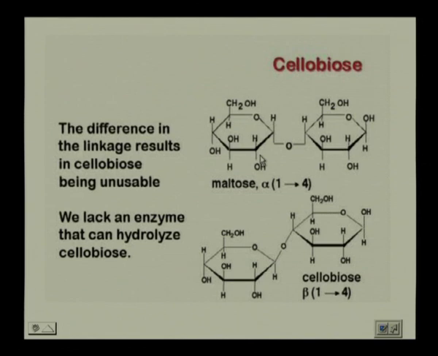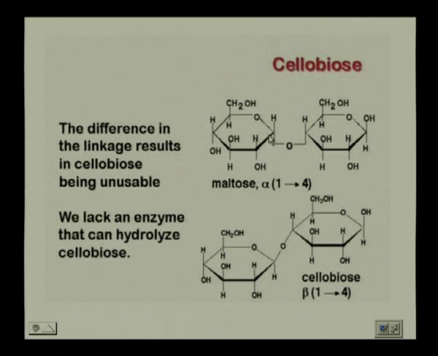In cellobiose, this is also beta 1,4. What is this? Alpha 1,4. This is maltose. This is the first example that I showed you.